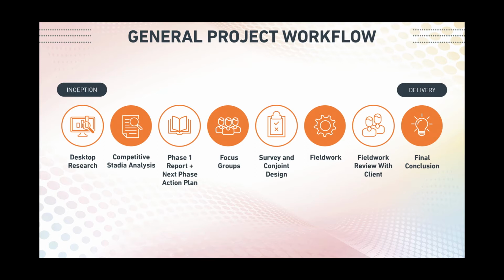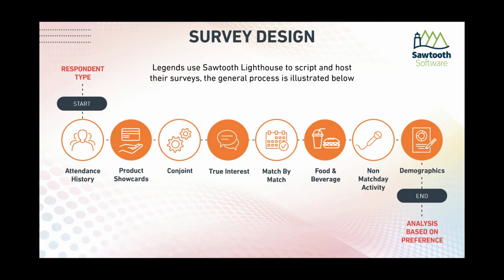And then we would typically go into a fieldwork period where, again, we use Sawtooth Lighthouse, which is a very conjoint-specific product that is able to give us the information that we need.